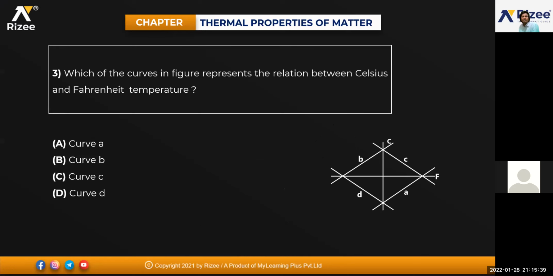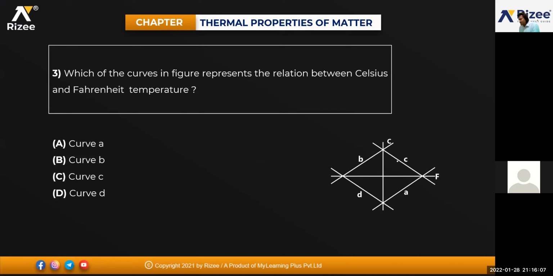Which of the curves in the figure represents the relationship between the Celsius and the Fahrenheit scale? Make it fast. Which of the curves in the figure represents the relationship between the Celsius scale and Fahrenheit scale?